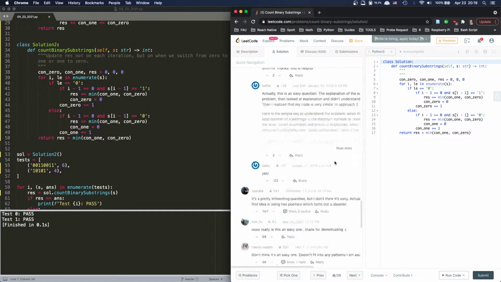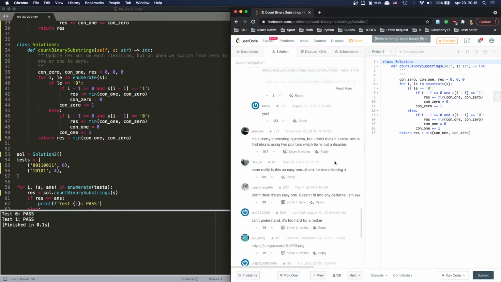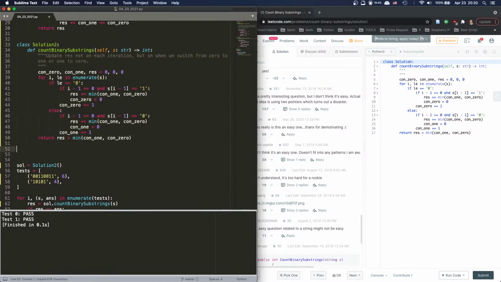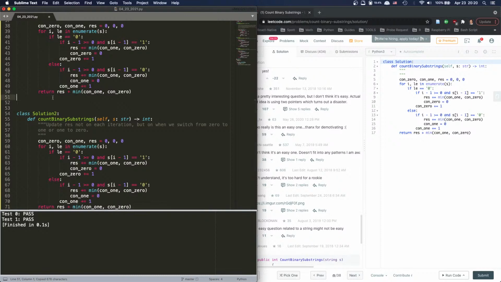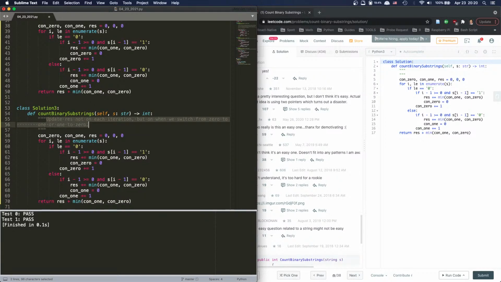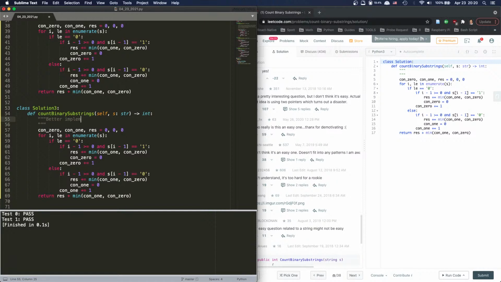Not easy to understand. I mean, it's fine, but that solution is better than mine in terms of programming, not in terms of the idea. We have the same idea, which probably is the only idea, but this is a better implementation of a solution too.